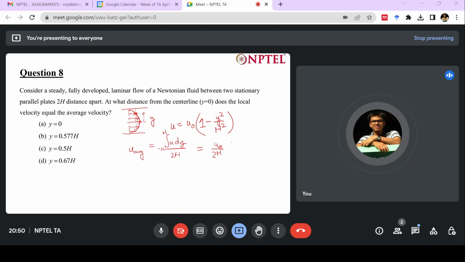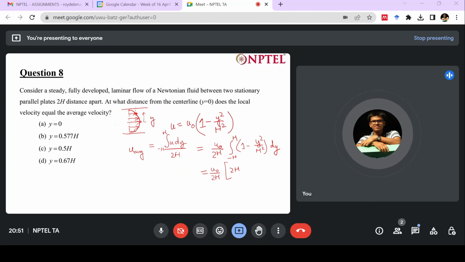These are constants, and I am left with just the integration of 1 minus y square by h square dy. So 1 into dy, integration of dy is y. h minus minus h, it is 2h.